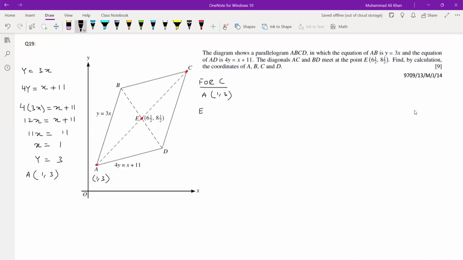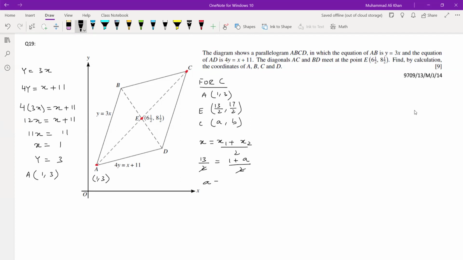Second E is the midpoint 13/2 and 17/2 in improper fraction, and C, let's say a and b. By using the midpoint formula, x equals to x1 plus x2 by 2. What is x? x is 13/2 equals to, what is x1? 1. What is x2? a divided by 2.